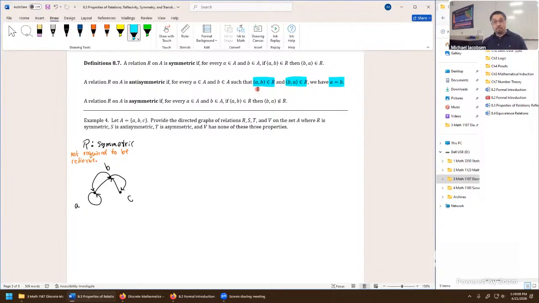That's the only way that this could be plausible. So that gives us a property to work with right away. And here's our relationship, I guess that's going to be S for anti-symmetric.